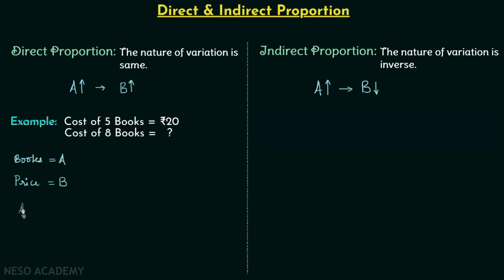So we will have A proportional to B, and we know this sign. This is the sign of proportion. Now we also know that when we remove the sign of proportion, we multiply this quantity by a constant.